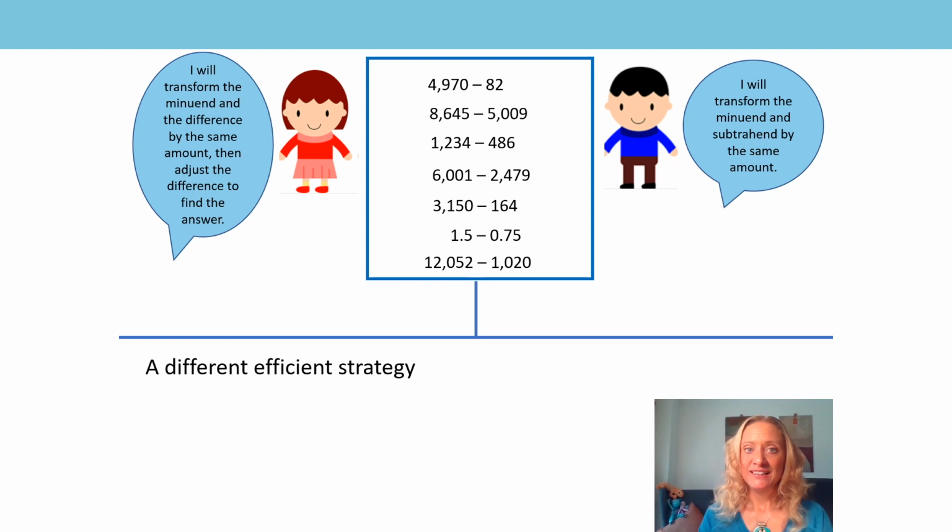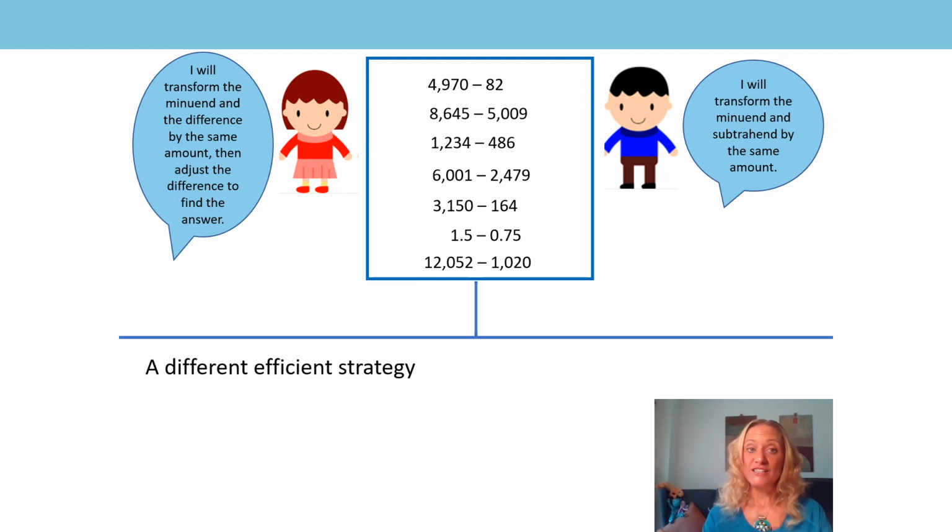However, Sam, he's looking for the subtractions that he thinks will be really efficiently solved by changing the minuend and the subtrahend by the same amount so that the difference stays the same. So he's going to look out for subtractions that he thinks will be solved really efficiently using the same difference strategy. Do you think you can help them to sort these subtractions?